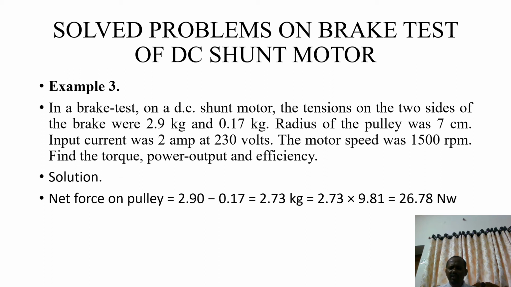Radius of the pulley was 7 centimeters. Input current was 2 amps at 230 volts. The motor speed was 1500 rpm. Find the torque, power output and efficiency.